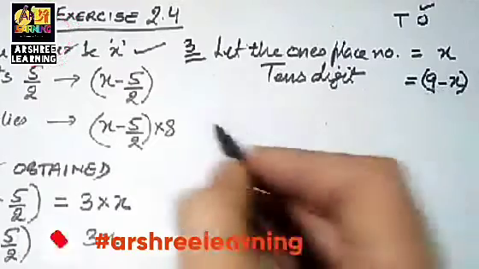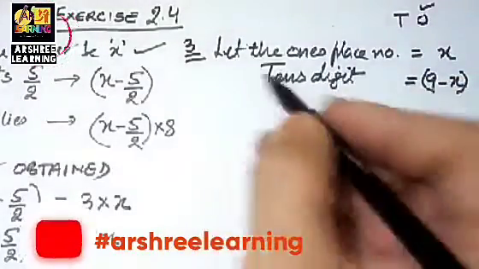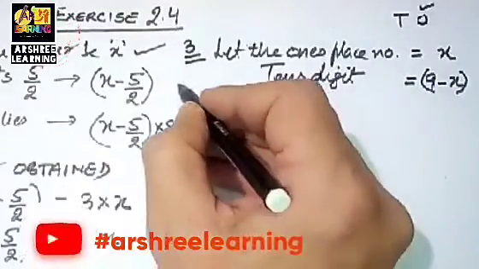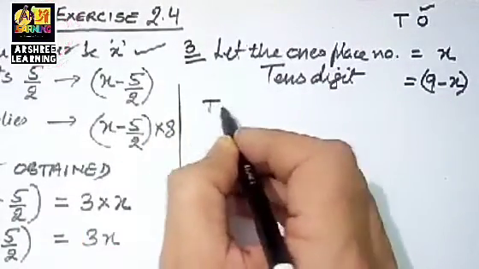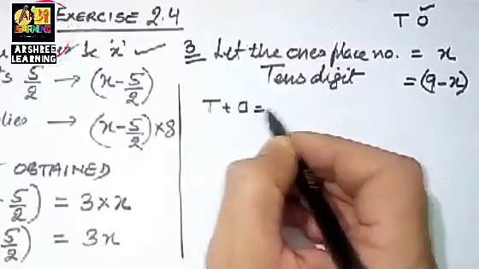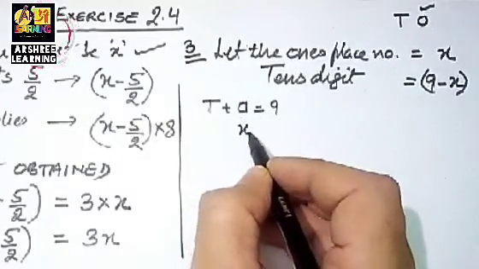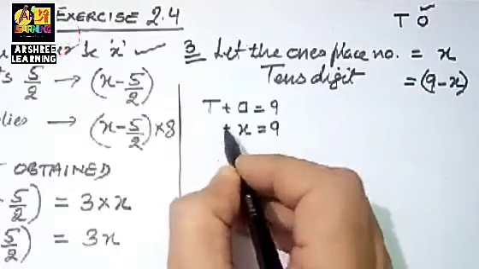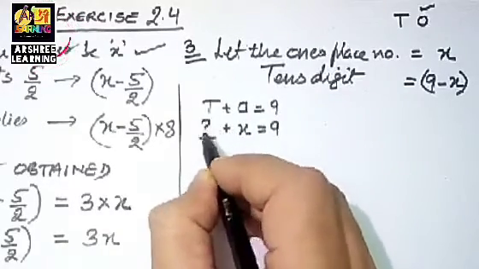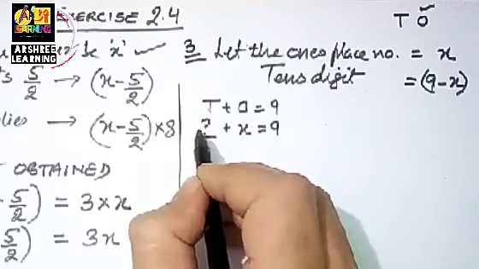Now why is it 9 minus x? Because tens number plus ones number is equal to 9. If I suppose the ones place number be x, and the total is 9, then this number we don't know. So this number will come if I subtract: 9 minus x.